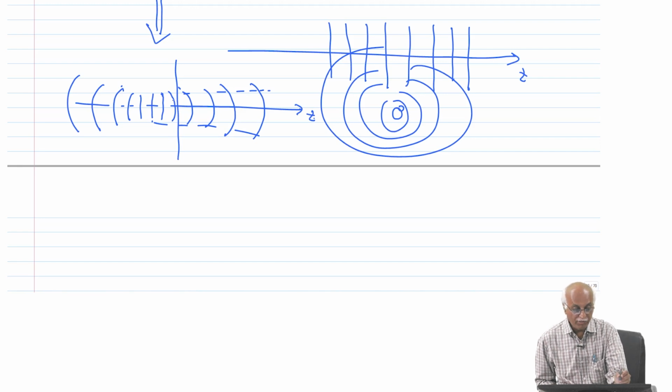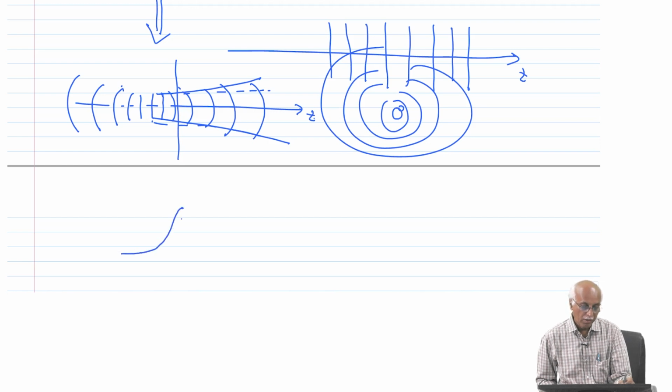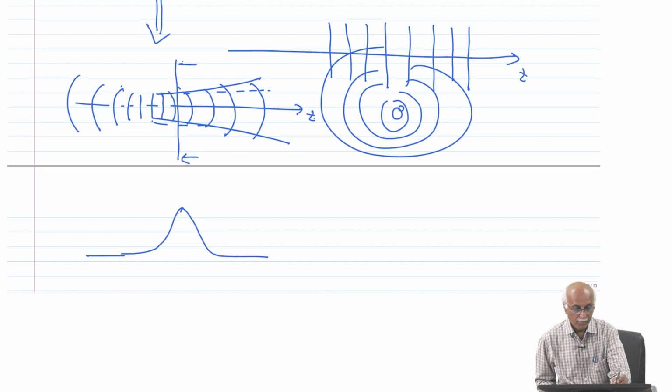First of all, the divergence is also Gaussian in shape. Over and above, the cross section has a circular beam profile, but it is Gaussian in shape in terms of energy distribution.